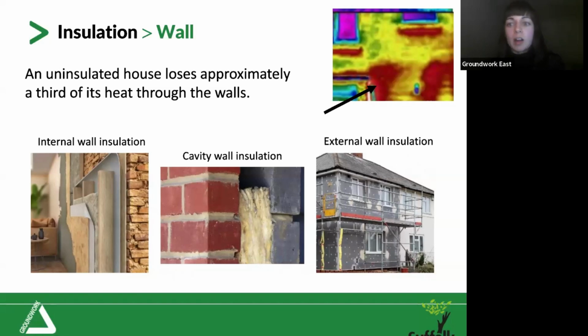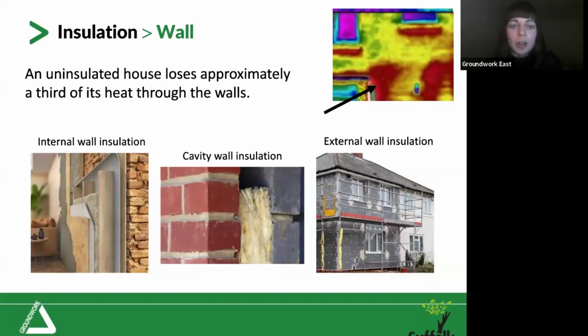Insulation on walls presents itself in three main typical ways. First, on the right hand side, external solid wall insulation, which basically involves adding a layer over the top of your building material to the outside walls of the building. It avoids losing any inside space, which is a plus, but it can often be a lot more expensive.